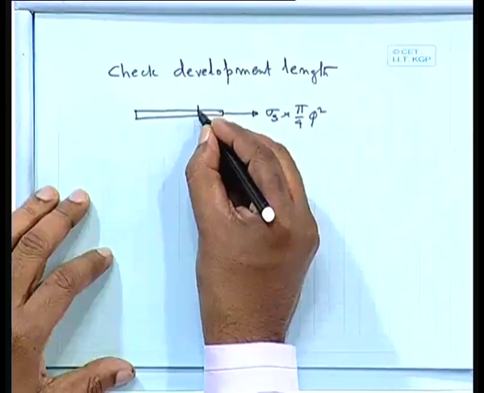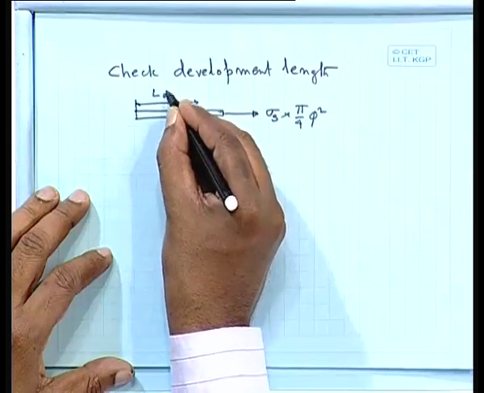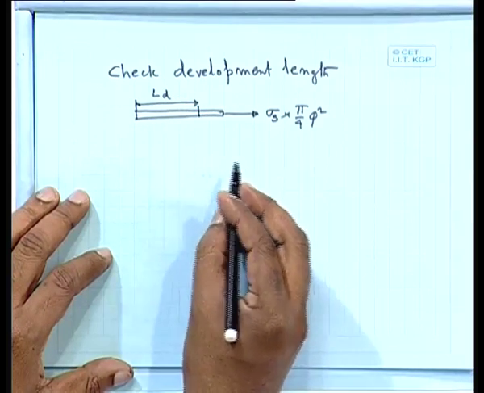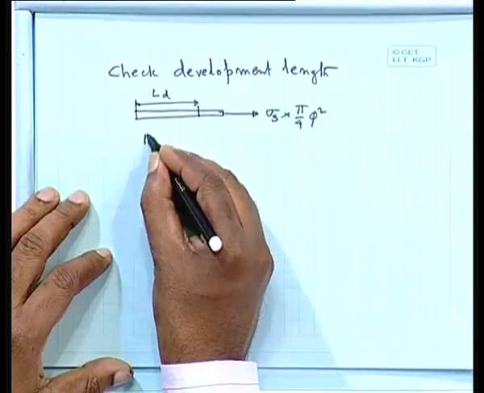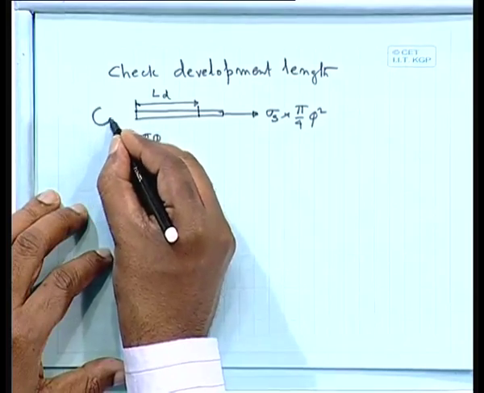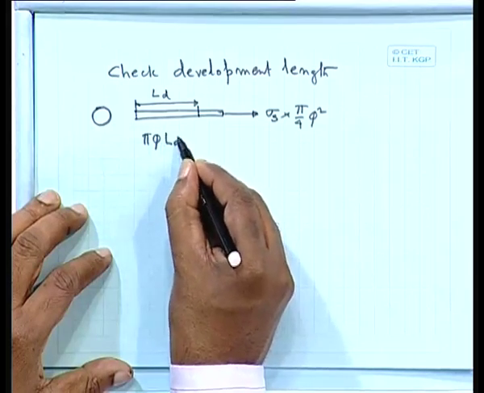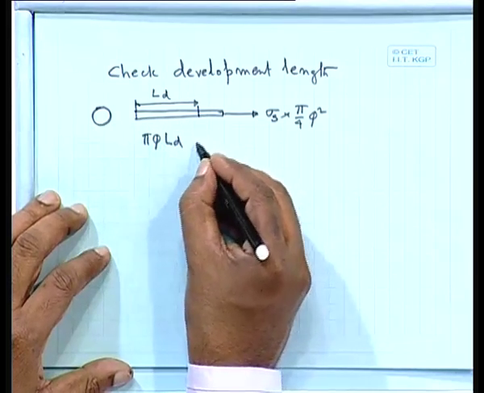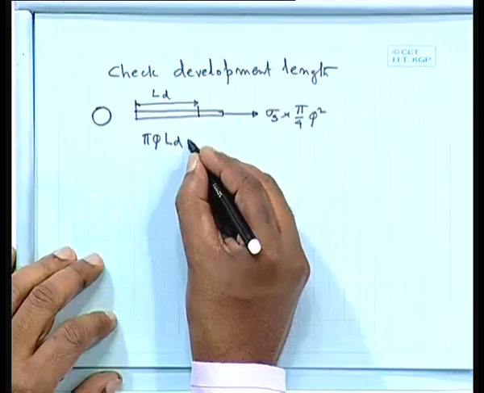Here if this one we call it LD, what is the area? Area will be equal to pi phi times this length, times the bond stress whatever develops, that is tau BD.